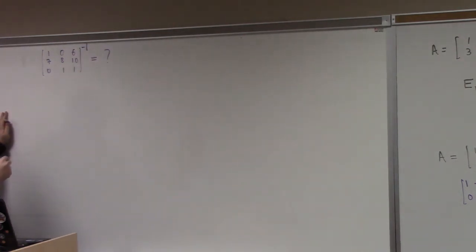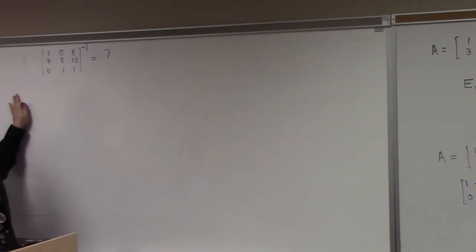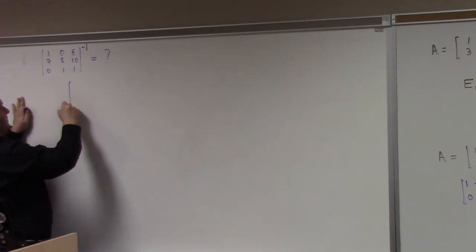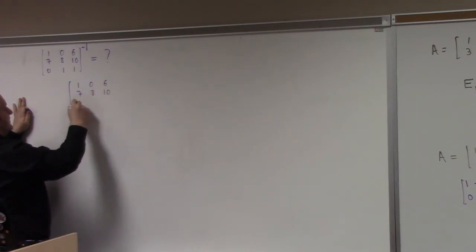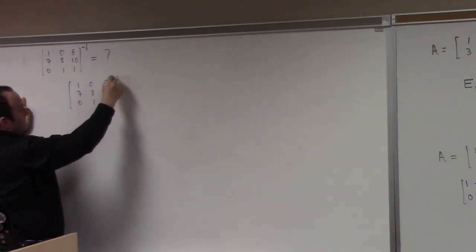But that's the thing: we can go into the inverse finding algorithm, and part of this algorithm is, if it's possible to find the inverse, it finds it. If it's not possible, it gives us a proof that it doesn't exist. So here's the thing we do. We put this matrix, 1, 0, 6, 7, 8, 10, 0, 1, 1.